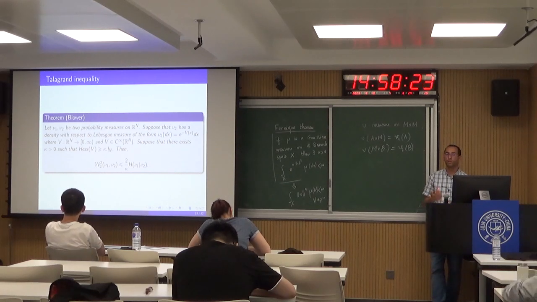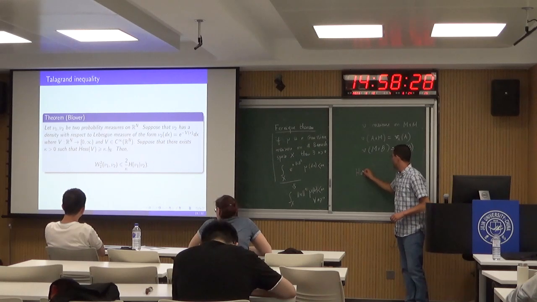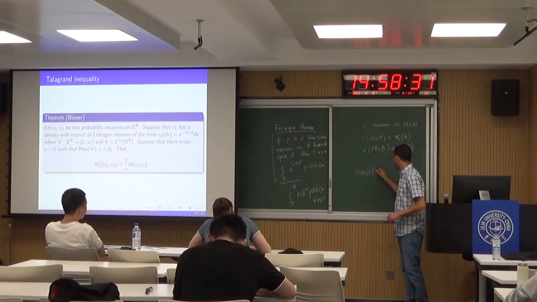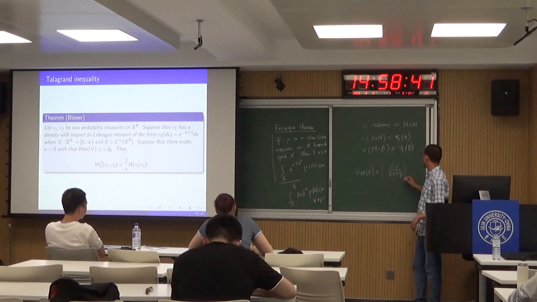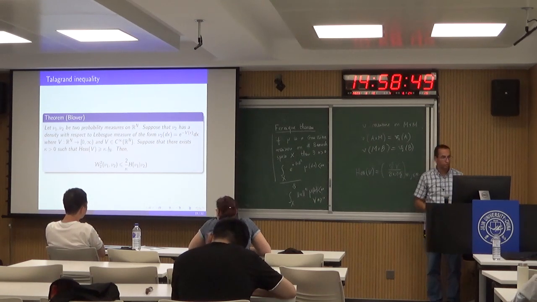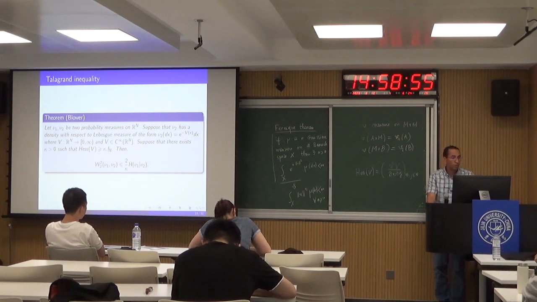Its Hessian contains all the second order derivatives. It is a symmetric matrix, and we suppose that it is greater or equal than kappa identity.